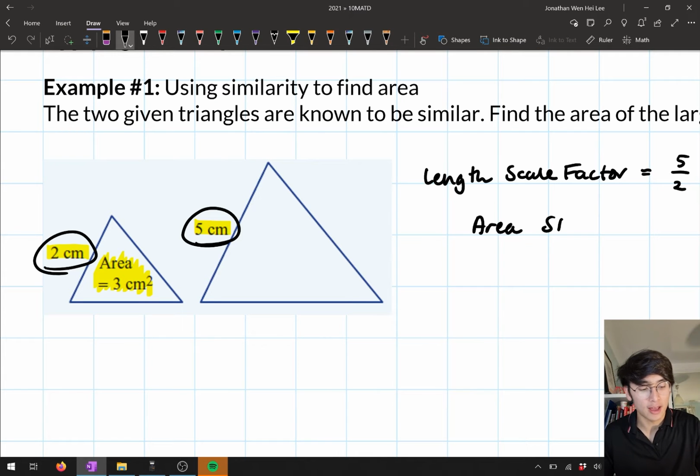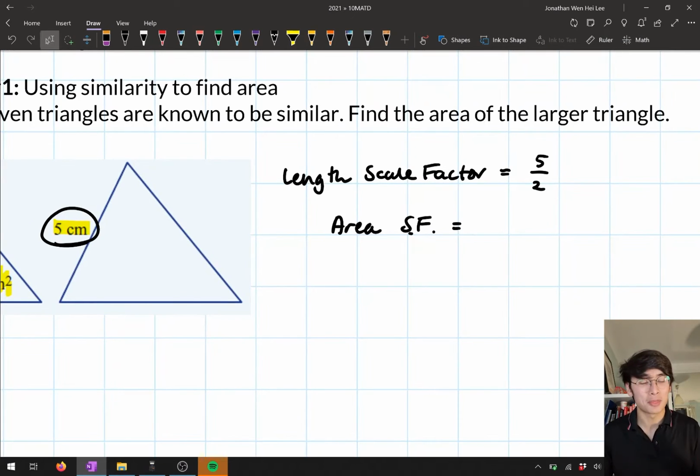I'm going to call it the area SF, short for scale factor. What we need to do is square both of these measurements. So instead of 5 over 2, it becomes 5 squared, because we're dealing with area now, divided by 2 squared.